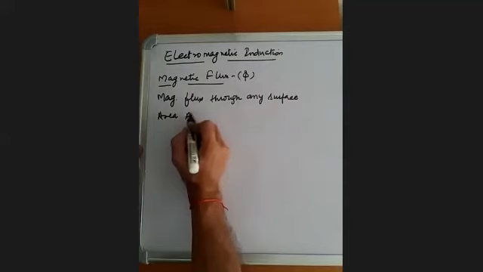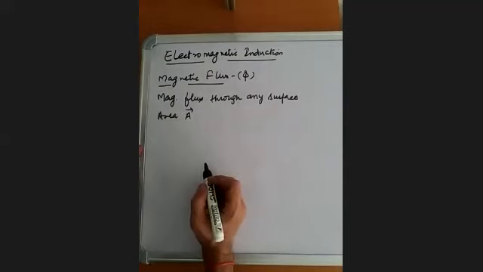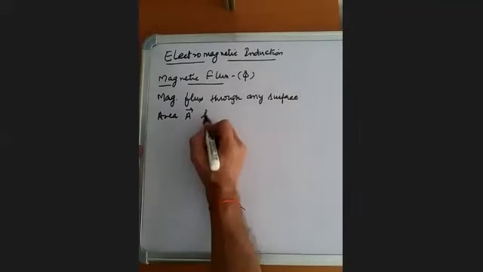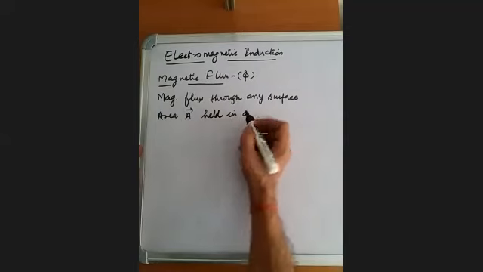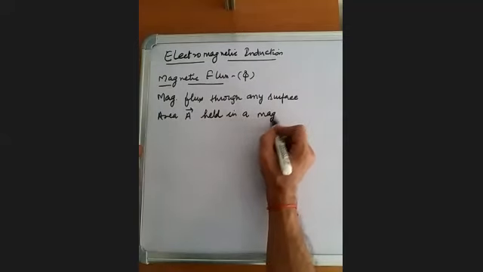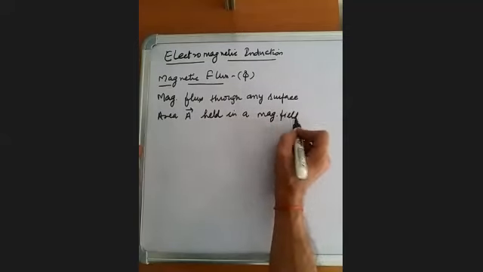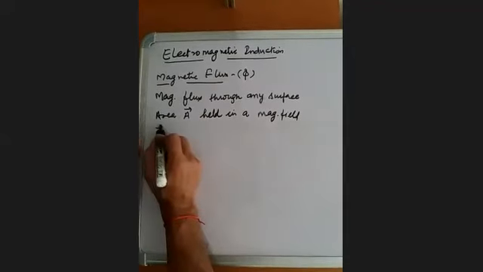Let us say this is represented by A, area, with a vector on top. So it is a vector quantity held in a magnetic field that is represented by the B vector.